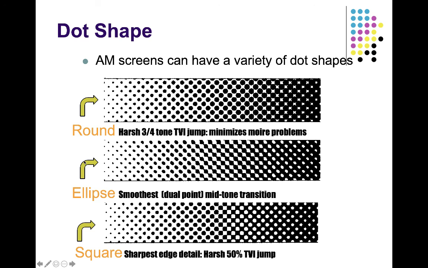The elliptical dot is the most common dot, used in 99% of AM screens. The reason being that tonal jump where the dots connect happen in two spots, once here and once further down the tonal scale when the opposite edge of the ellipse begins to touch, thus minimizing the tonal jump.